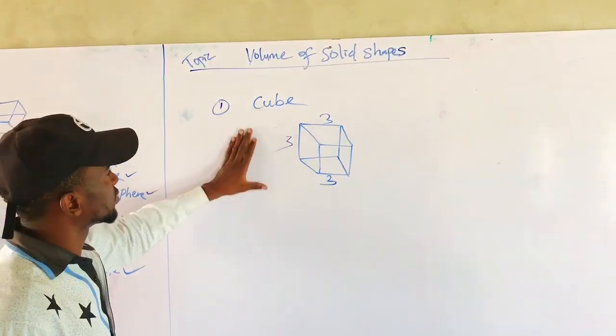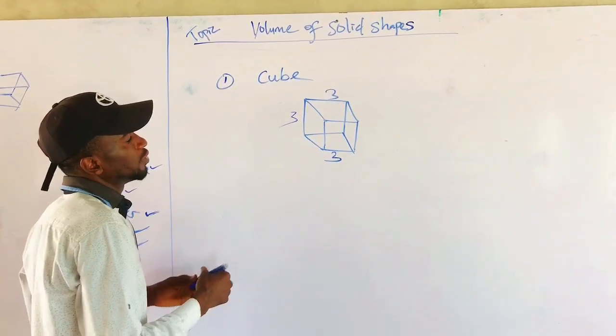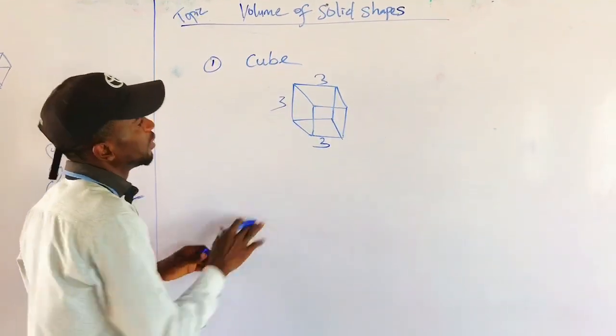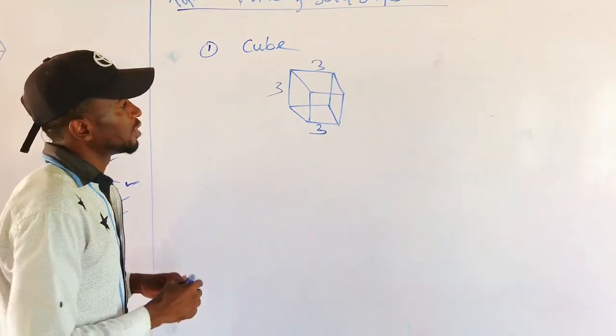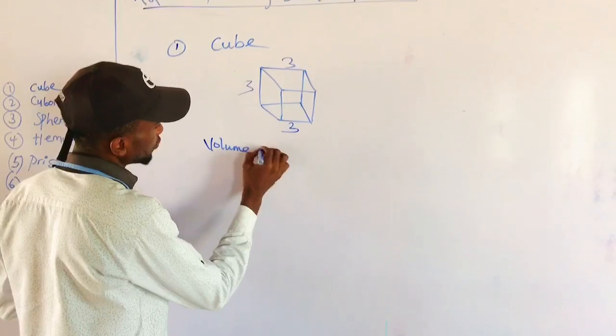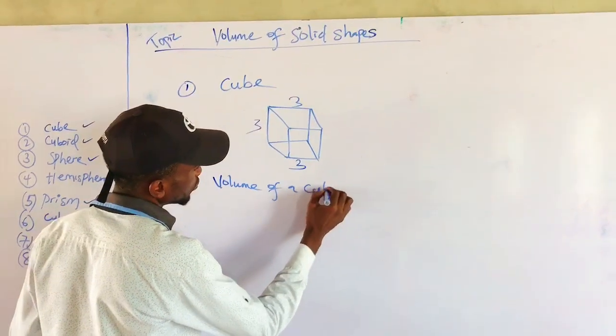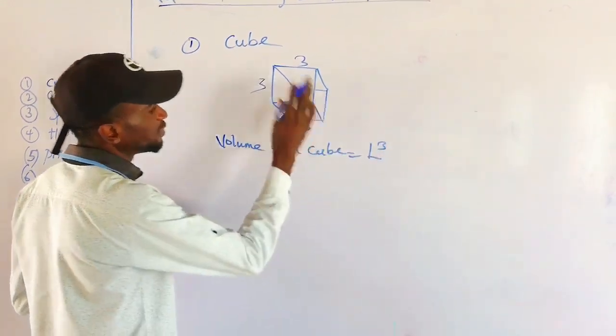This is our next question. This question is asking us to calculate the volume of this cube. As we all know, a cube is a solid with 6 faces, and their dimensions are equal. So we said the volume of a cube is equal to L cube. That means one of the lengths raised to the power of 3.